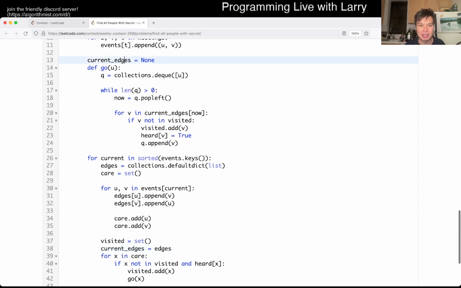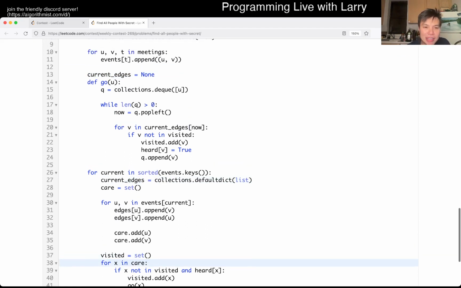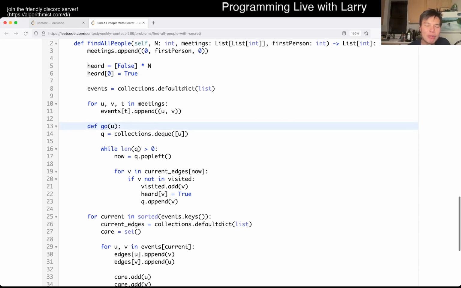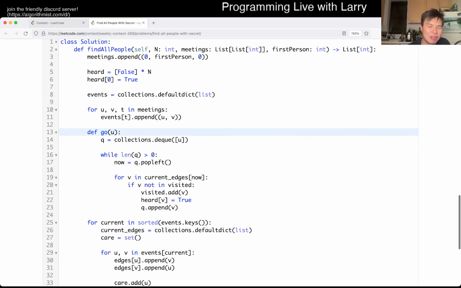So everything has to be using set. I wrote this in a funky way, but let's actually write this here. Basically, for every event, I'll go over in the order that makes sense. One thing that I also do is that for the first person, I just add it as an event. I keep track of all the people that have heard it and set the initial condition.